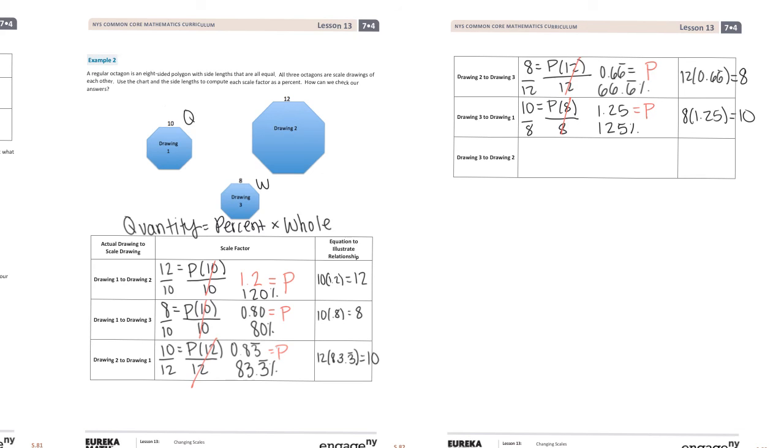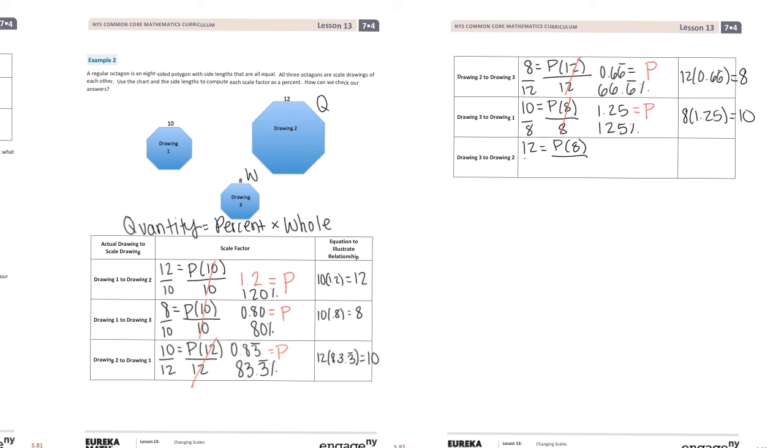And finally, from drawing 3 to 2, I'm going to have my drawing 3 be my whole again, and drawing 2 be my quantity. So I'm going to have 12 equals my percent times my whole of 8.